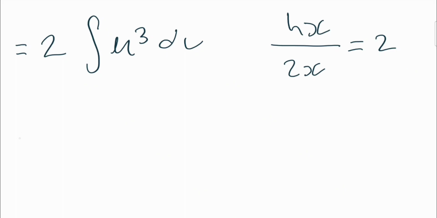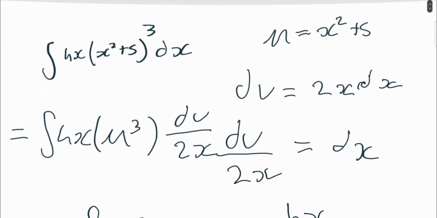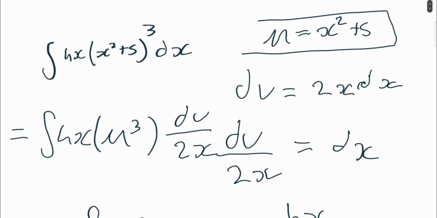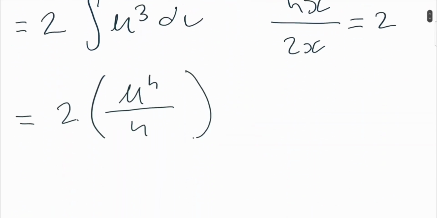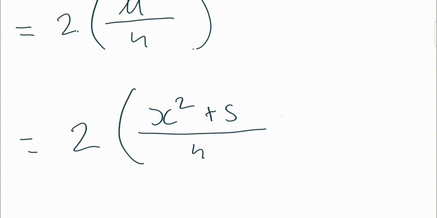So 2 times u to the 4th over 4. Great. Now we're just going to plug in u again. So u is x squared plus 5. So this is 2 times (x squared plus 5) to the 4th over 4.